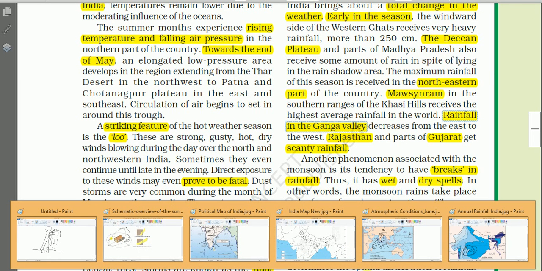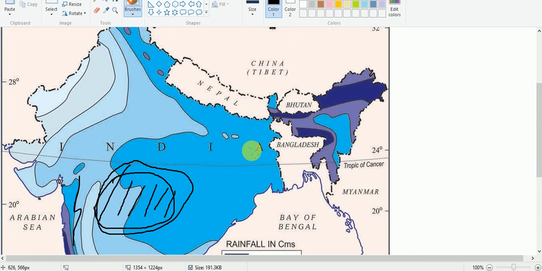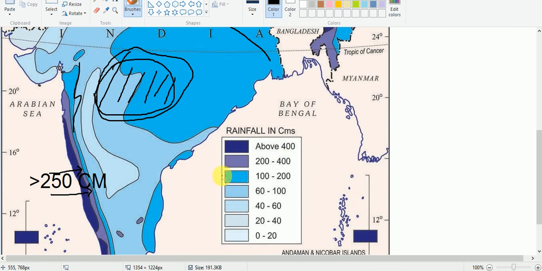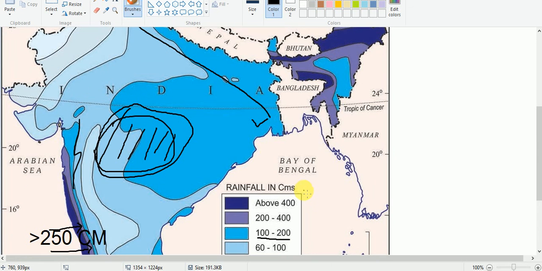Let us see one map. Here, rainfall decreases from east towards the west. Just see the map. See here, in this area, the amount of rainfall is between 100 and 200.